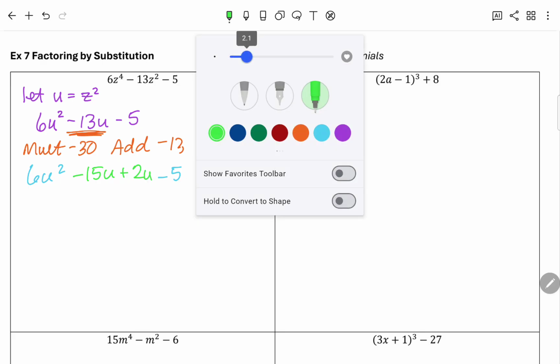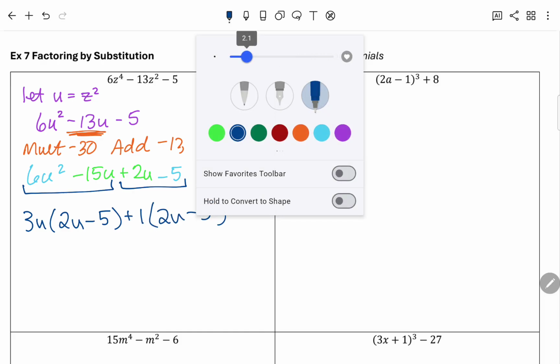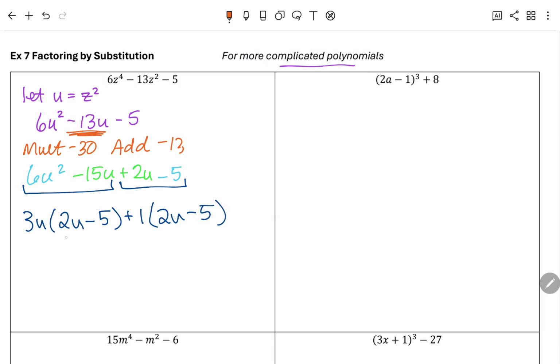Okay, now that I've done that, I will factor by grouping like this. So my GCF is going to come out as a 3u, 2u minus 5. The GCF here is just a 1, 2u minus 5. Remember what I said, always make sure that these little guys are matching, right? And because they match, we can pull them out as a GCF and then write what remains.